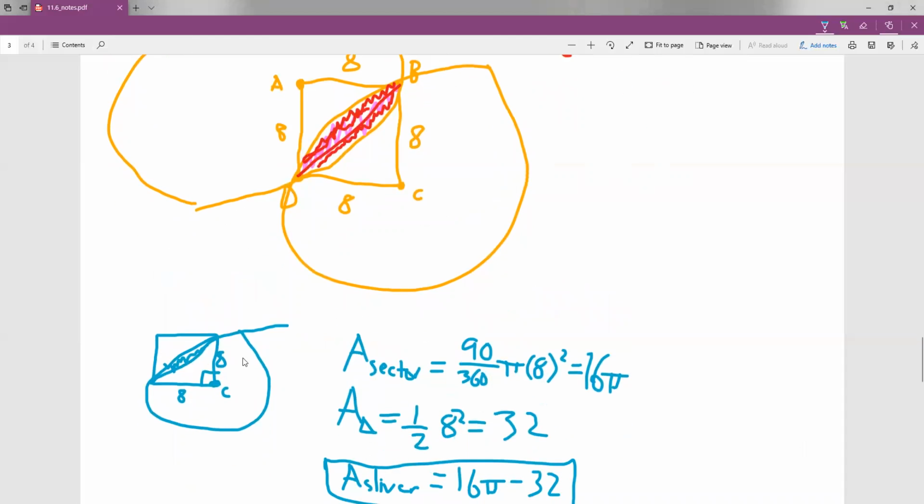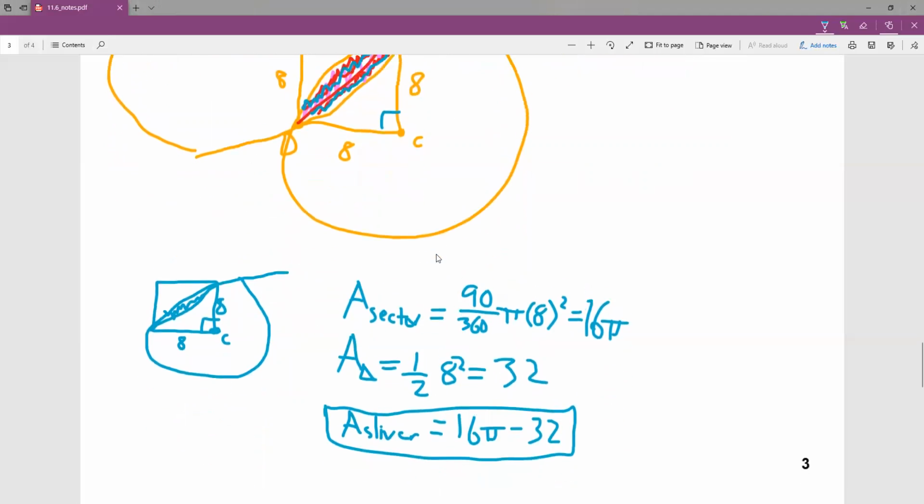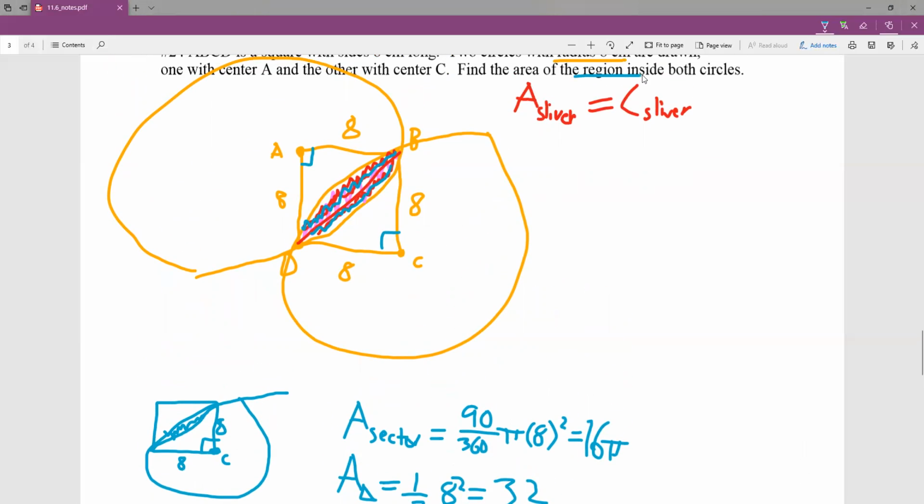So what we just found with this example is the area of this sliver right here. Now, since circle A has the same radius and angle measure as C, then we know that these two slivers are going to be the same. So to find the area of the shaded region, I'll do it in a different color. Oh, you know what? I should actually write right here. We found the area of a sliver.